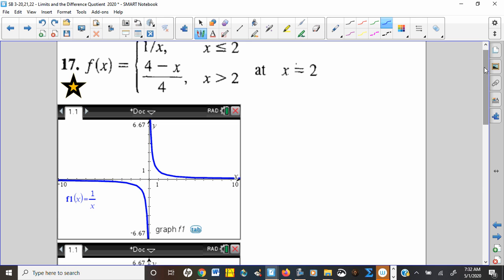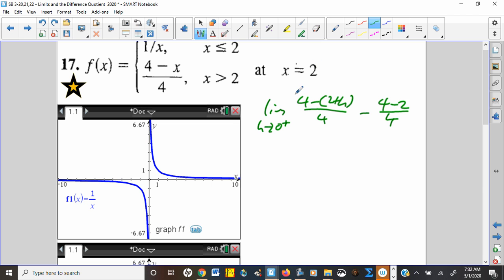What about the limit of those secant slopes as we approach from the right? Well, that would be the limit as h approaches 0 from the right of 4 minus 2 plus h over 4 minus 4 minus 2 over 4.